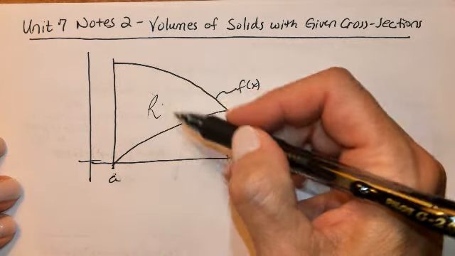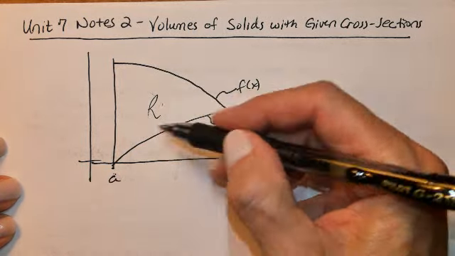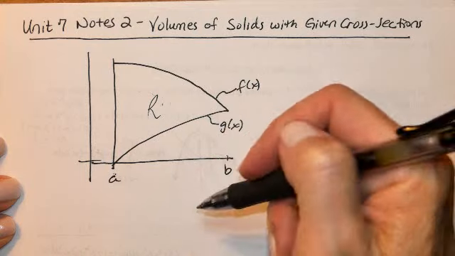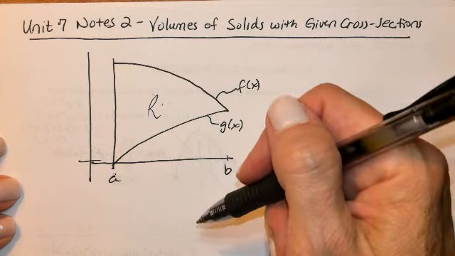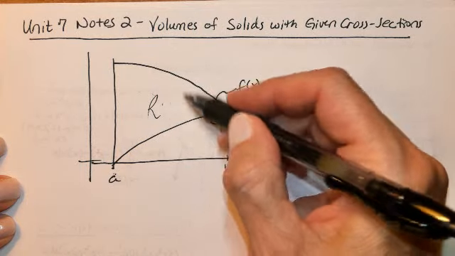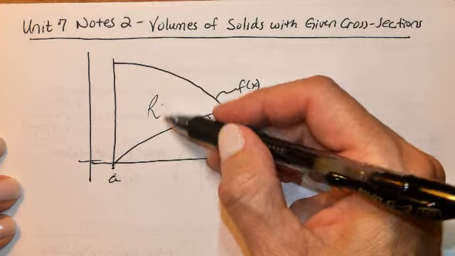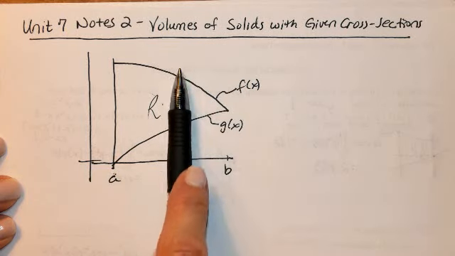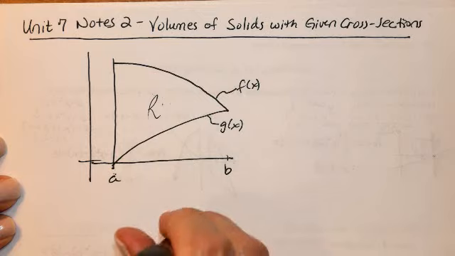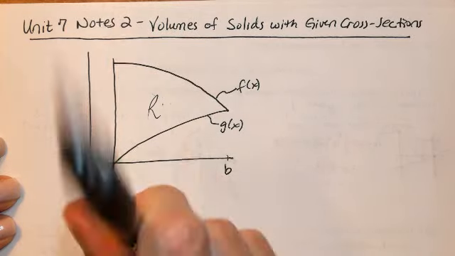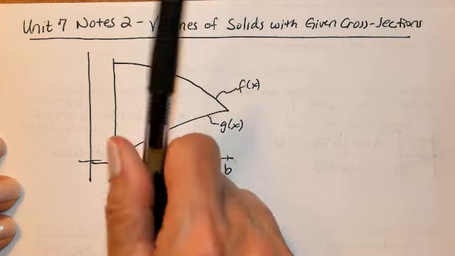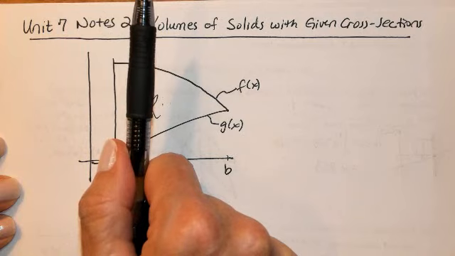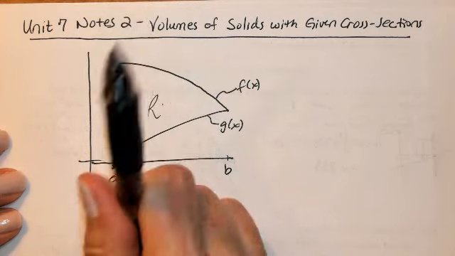Now I'm going to tell you what the cross-section of the solid is. This solid has cross-sections. If we take a cross-section perpendicular to the x-axis, like if we take a knife and just cut it right into a slice, the cross-section, we're going to start off saying, would be a square.